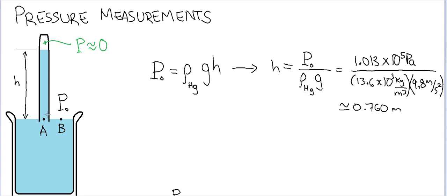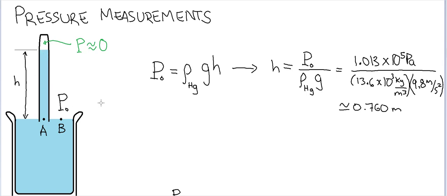What you would expect is that gravity is going to pull this liquid downwards, so that it leaves an evacuated region here where the pressure is basically zero. You might get some vapor pressure up there, but we're going to ignore that for our purposes. This beaker is open to air, and so it has an atmospheric pressure of P0.